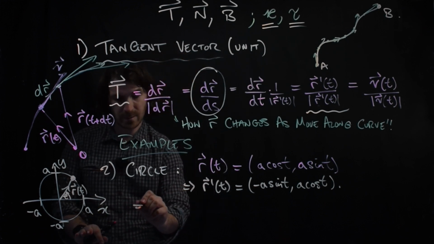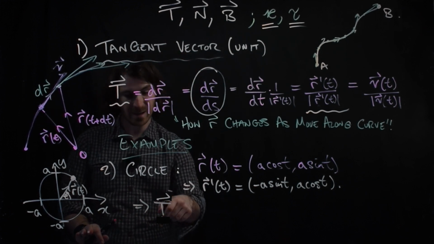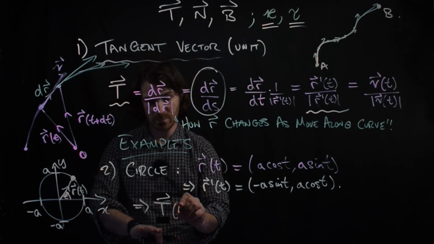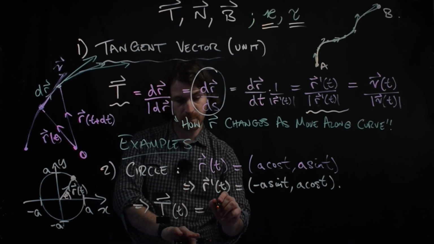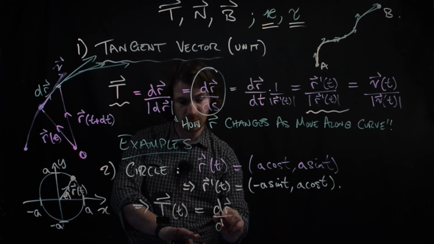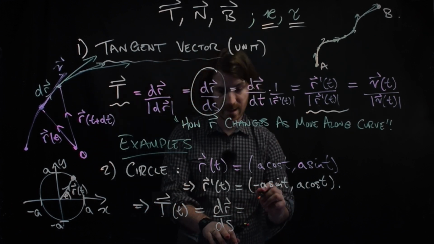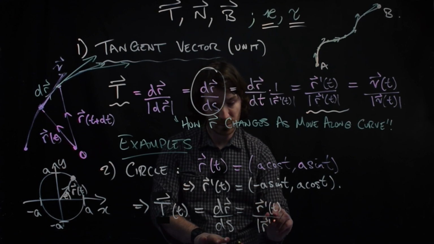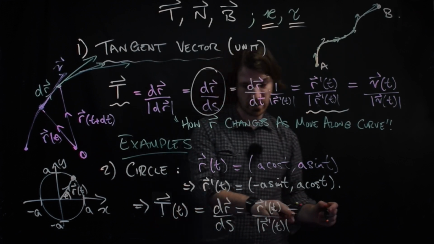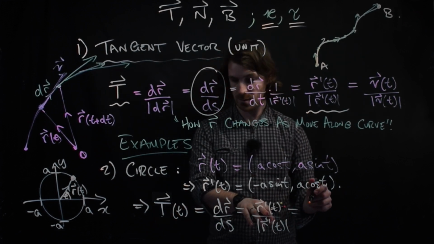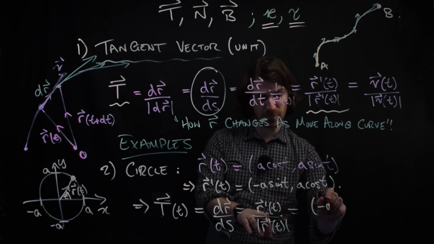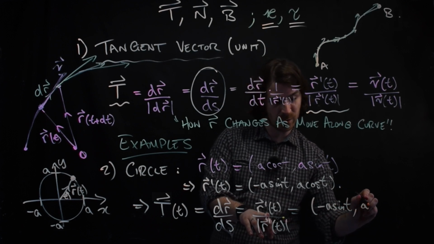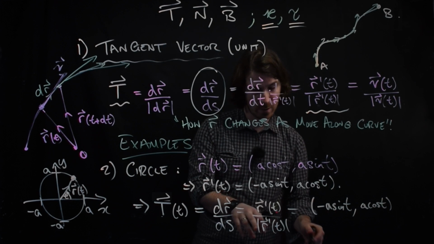Which means that the tangent vector at any parameter t, so this depends on t, equals, remember it's dr by ds, that's the definition. If you write what ds is, this gives us r prime of t divided by its magnitude. So it's the vector with minus a sine t as the x component and a cosine t as the y component, and we divide by the magnitude.